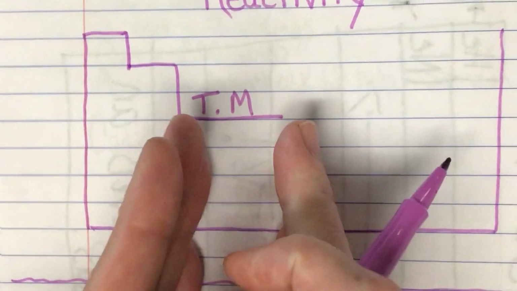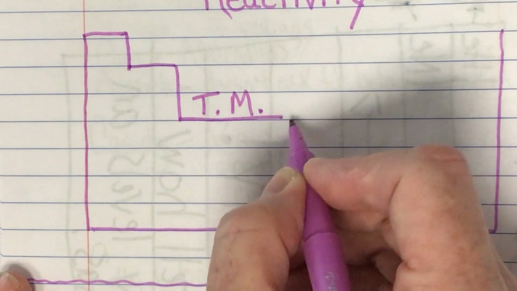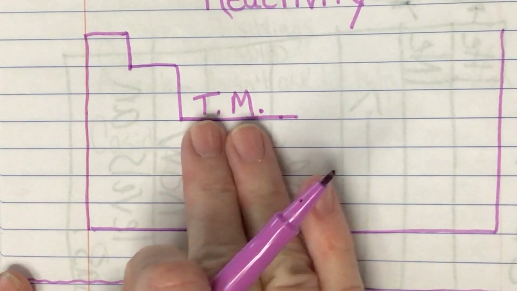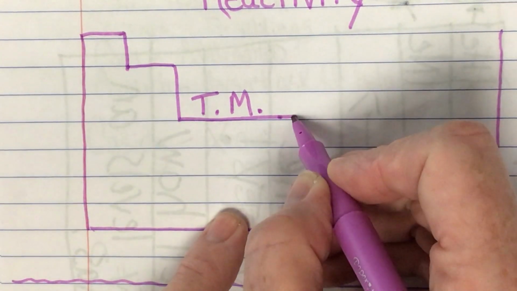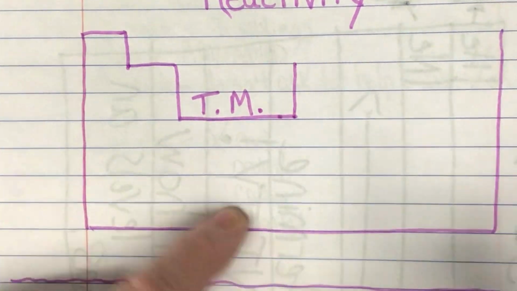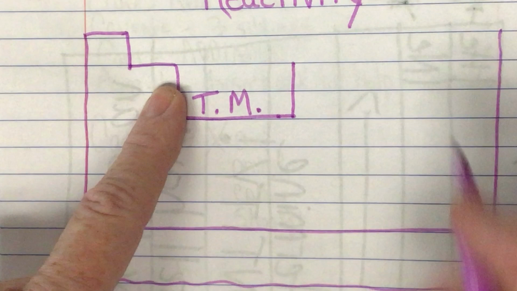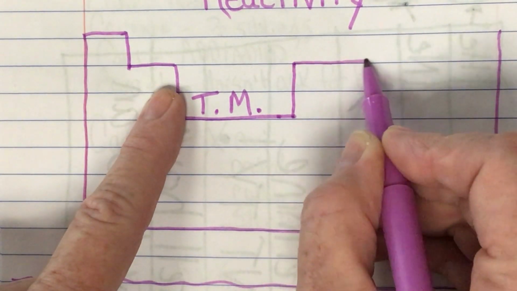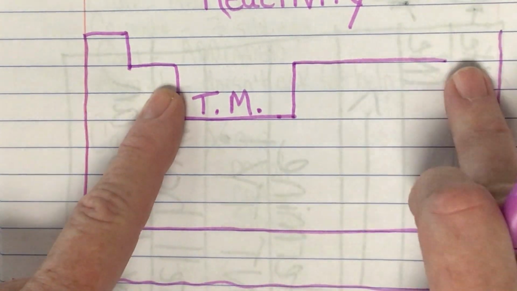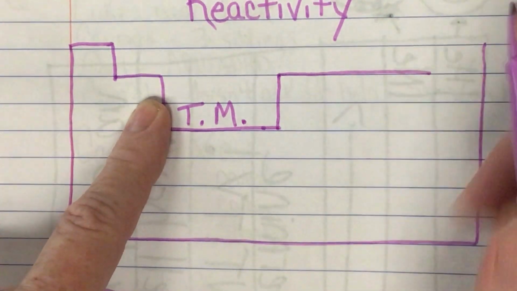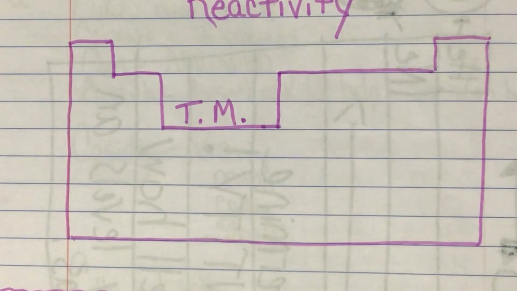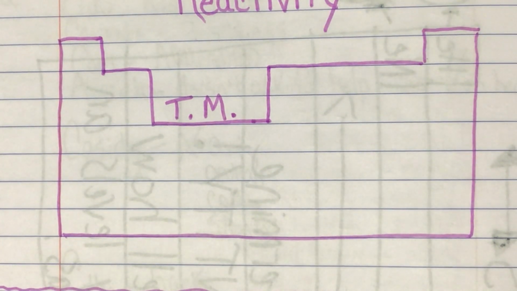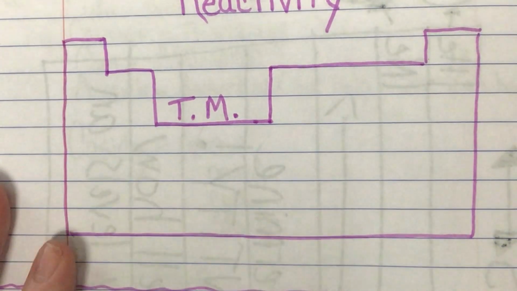And I'm going to shorten it just a little bit. So these elements in here we call the transition metals. So we're going to go up to meet here. We'll go over right to where we hit the noble gases, come up and over. And you've just sketched your 3rd periodic table of the year.